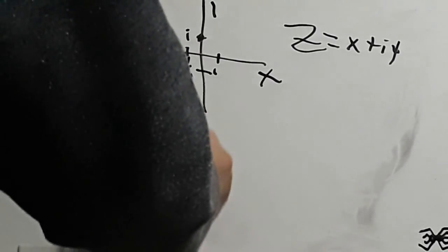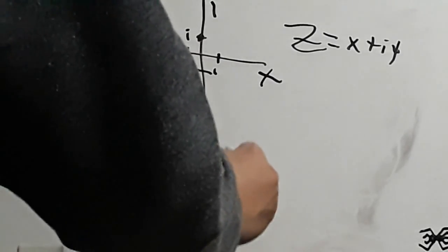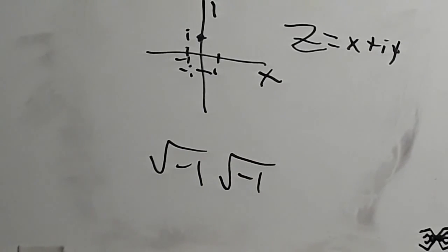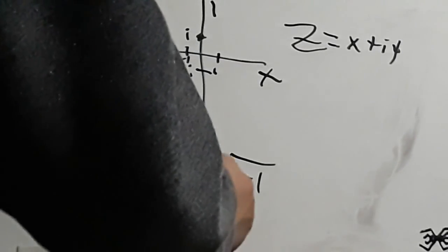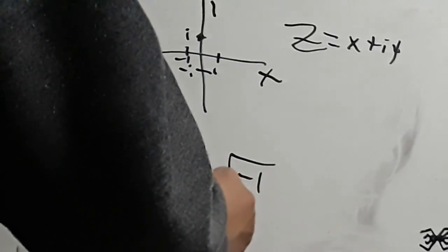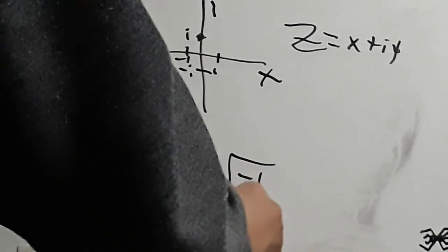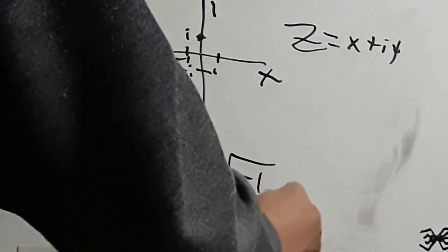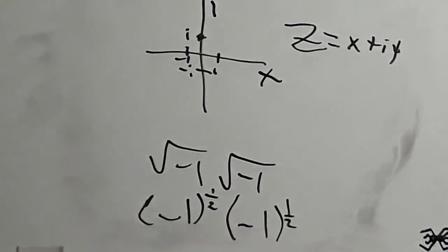So now let's square it. The square of the square root of negative 1. If you know anything about how radicals work, or just how exponent rules work, I'm going to write this in two different fashions, just in case you forgot.